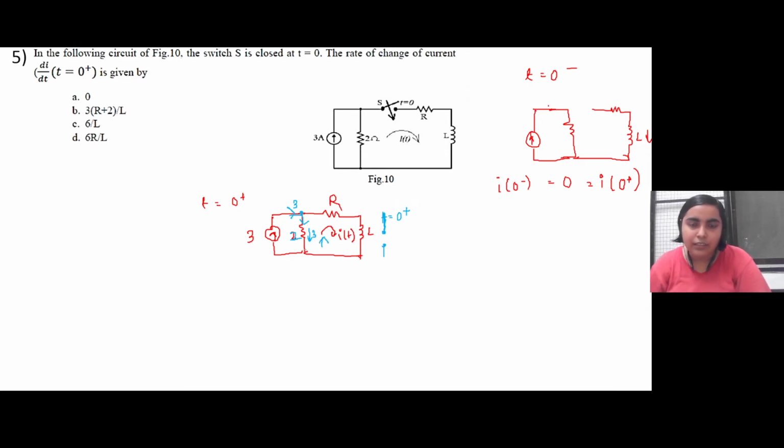So if we apply KVL in this particular loop, what will we get? First, R into I of t, if I of t current is flowing, plus L into di by dt, then 2 into the current flowing through this resistor, which will be equal to I of t minus 3 equal to 0, right?